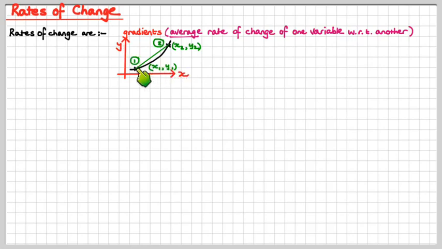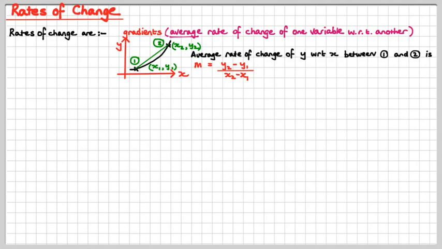Between point 1 and point 2, even though this black graph is curvy, the average rate of change between point 1 and point 2 is simply the rise over the run between those 2 points overall, without any consideration at all of what happened in between. We just consider where we are there, and we ask, what's the rise? It's y2 minus y1. What's the run? It's x2 minus x1. Therefore, the average rate of change of y with respect to x between those 2 points is the rise over the run.